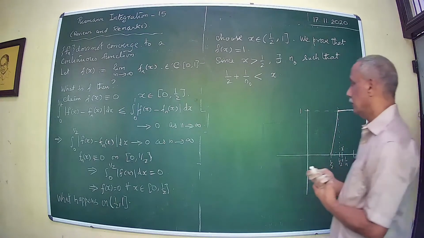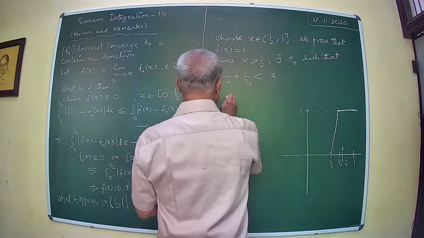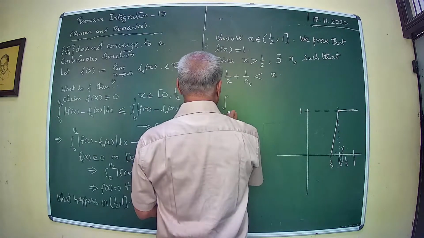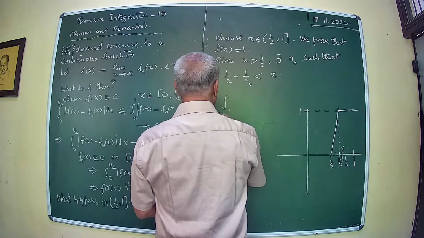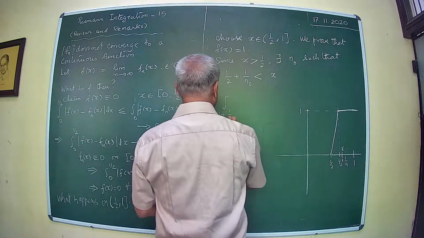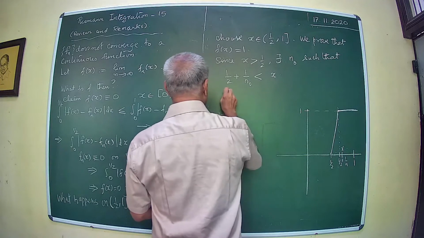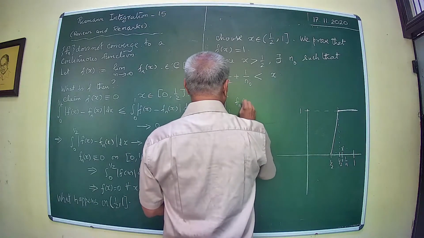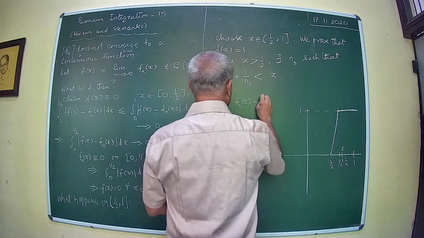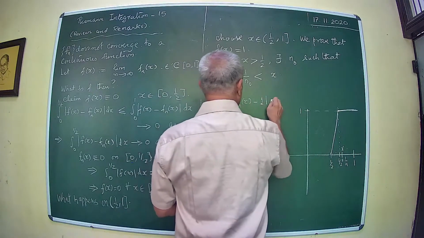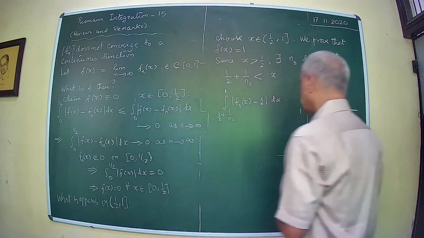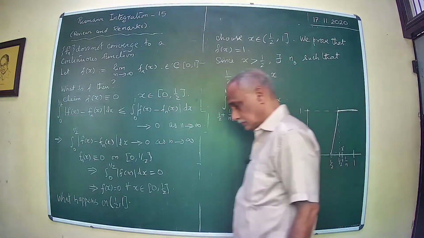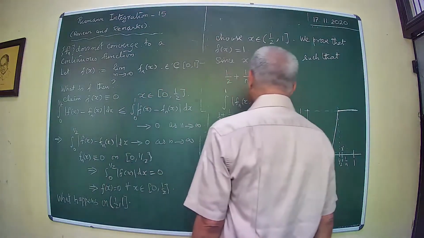Okay. Now we once again apply this. So you look at the problem on the interval half plus 1 by n naught to 1.